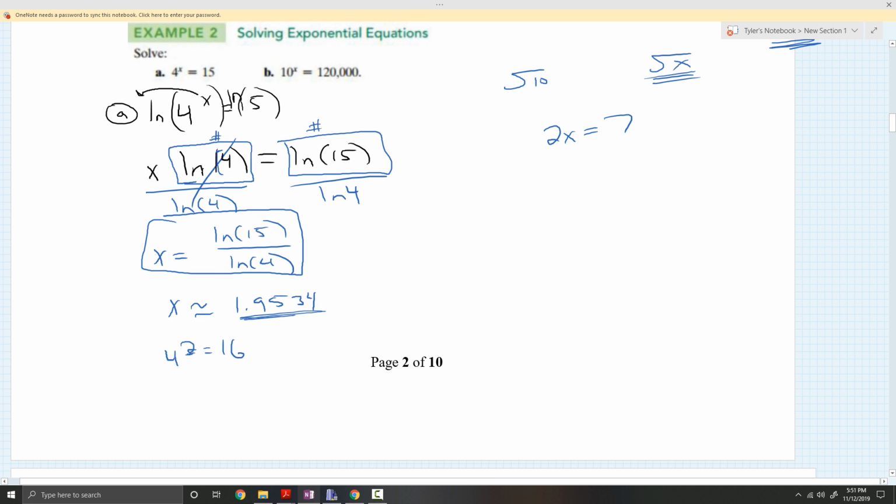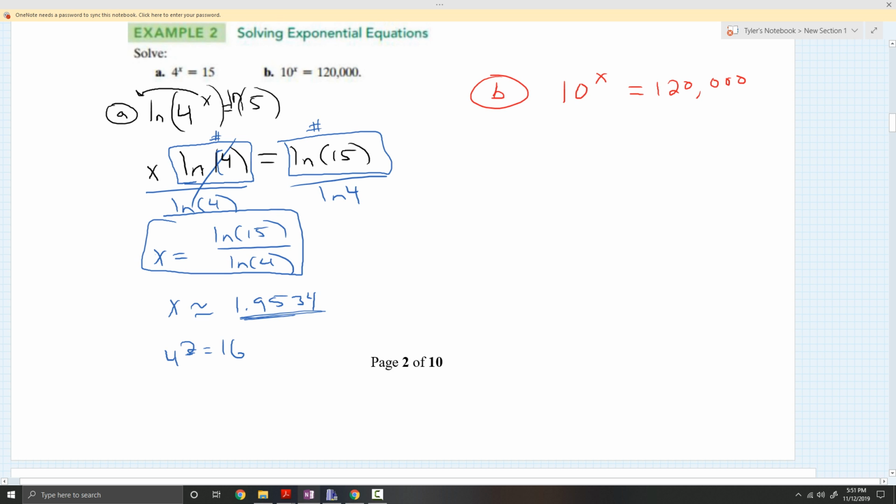All right, so let me erase this. I'm going to do part B in a different color. With part B, we have 10 to the x equals 120,000. In the book, if you have a base 10, they recommend you just use the common logarithm.